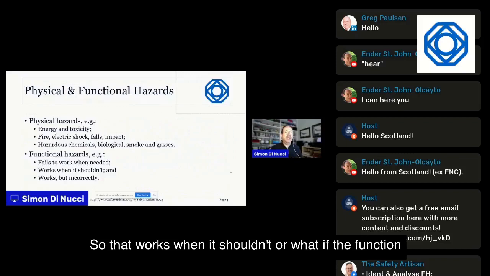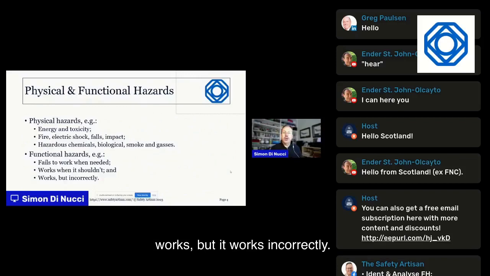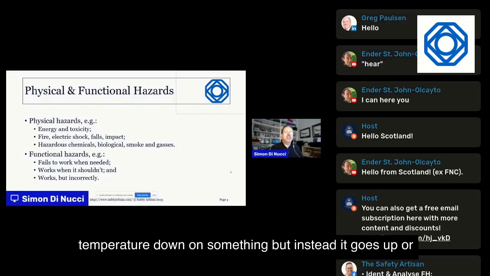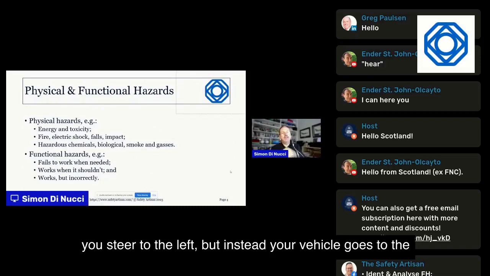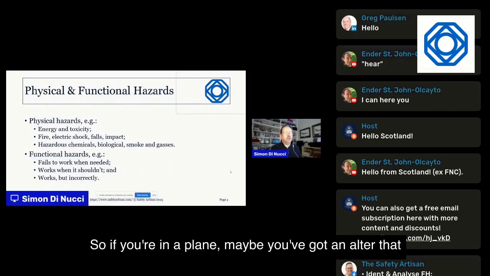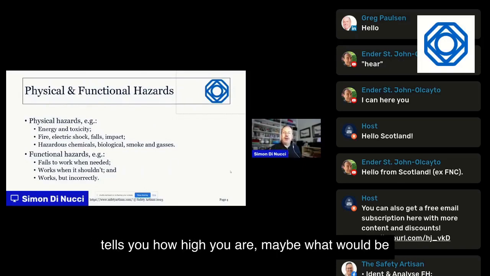Or what if the function works, but it works incorrectly? For example, you turn the temperature down on something, but instead it goes up, or you steer to the left, but instead your vehicle goes to the right, or it displays wrong information. If you're in a plane, maybe you've got an altimeter that tells you how high you are.